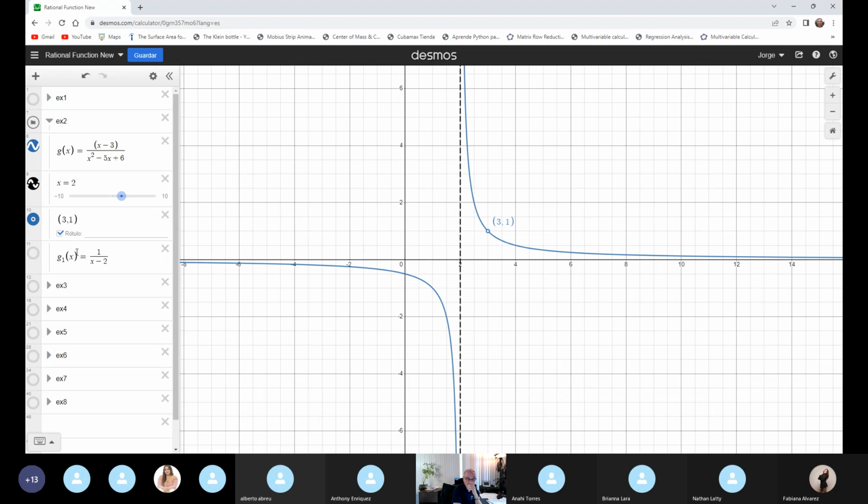Actually, this point (3,1) belongs to the function 1 over x. So look. This is the original in blue color, and this is the other after the simplification of the hole. Look, it's the same. What is the only difference? The red one has no hole, and the blue one, yes. Clear?